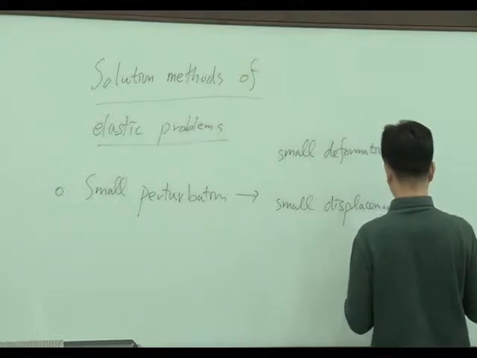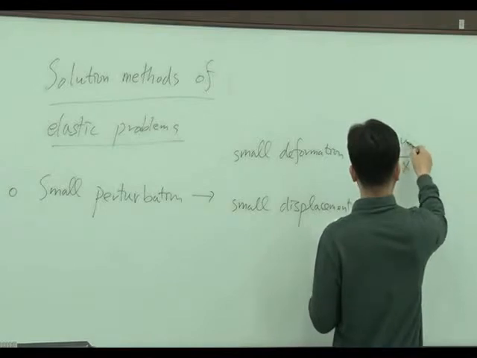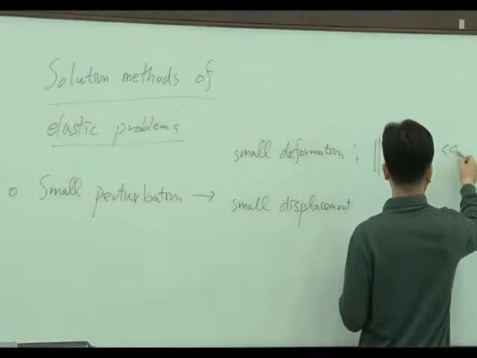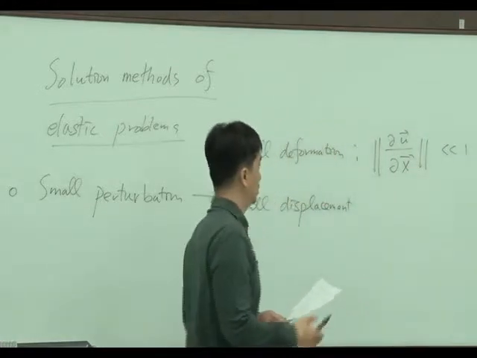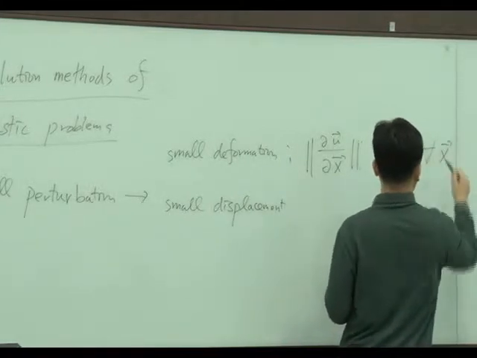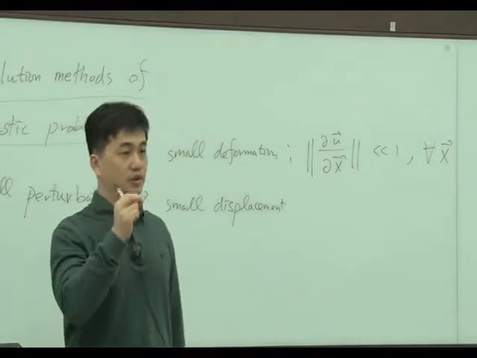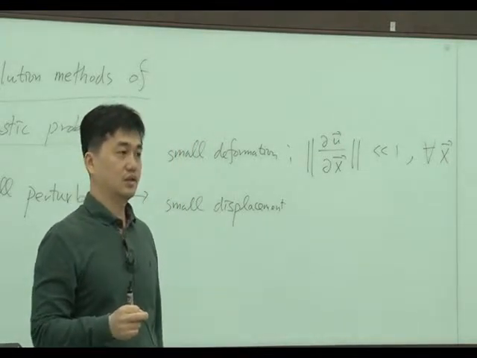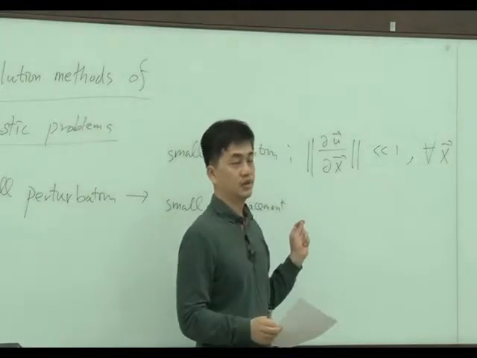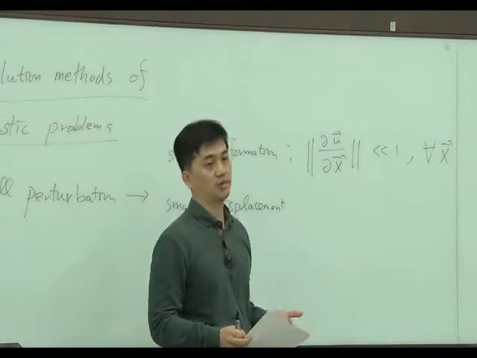So small deformation means the gradient of displacement is small, smaller than 1 for all material points X. So at all the positions in the body, the gradient of displacement about the space is small.